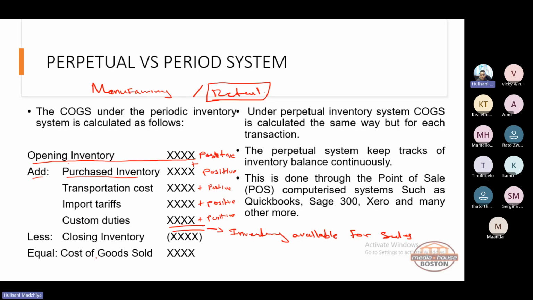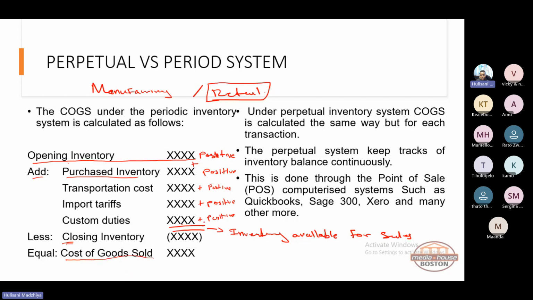Once you have sold your inventory, you will be remaining with closing inventory. Closing inventory is the inventory that is remaining after you have sold. So therefore, if you say your opening plus the one that you purchased minus the one that is remaining, this will give you your cost of goods sold.